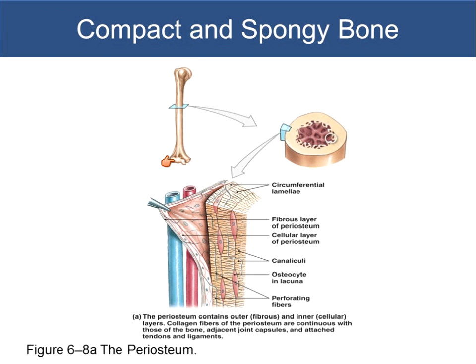So if we were to look at periosteum on a long bone, remember the knobby ends are your epiphysis here, and this is a humerus bone that we will talk a lot more about next week when we start going over the appendicular skeleton and musculature. If we were to take a cross-section of that, we'd notice that here we have spongy bone happening, and if we were just to look at the outside and peel back that periosteum, we'd see that cellular layer.